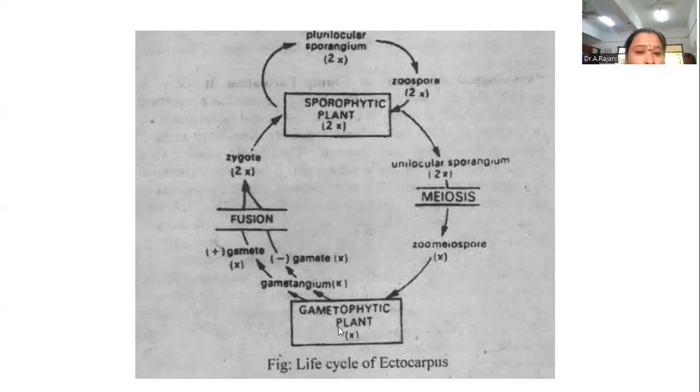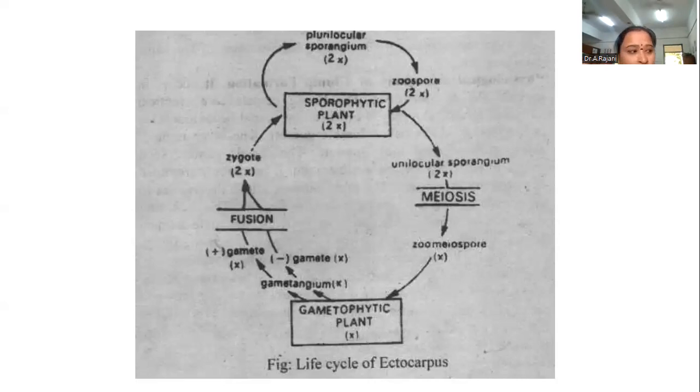Here, the two alternating plants are morphologically similar. Two alternating plants means an alternation. The life cycle of Ectocarpus is characterized by two generations: the diploid sporophyte and the haploid gametophyte.